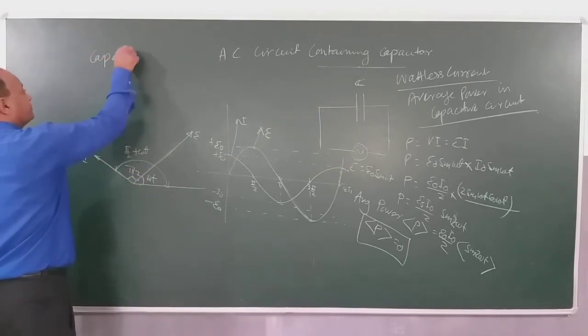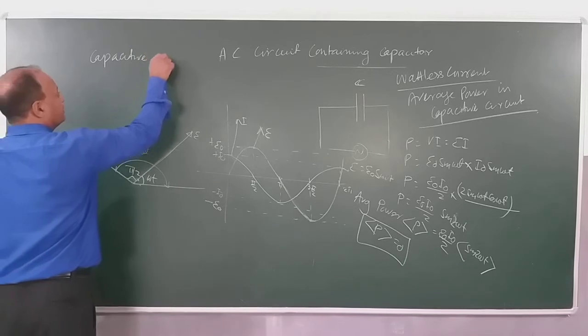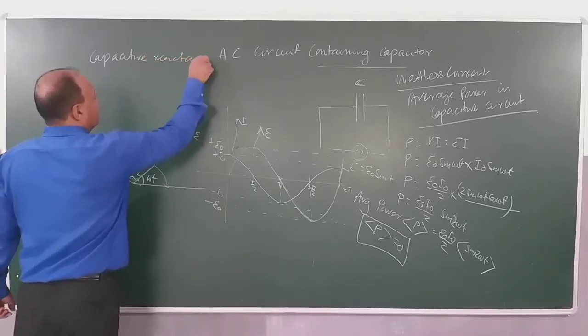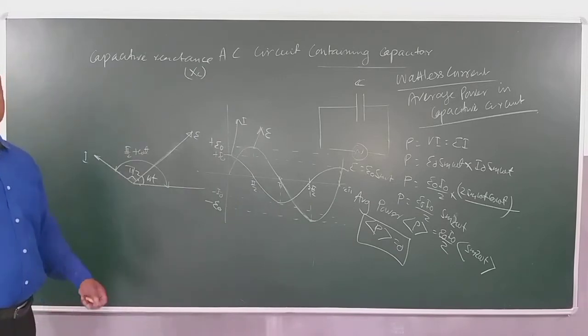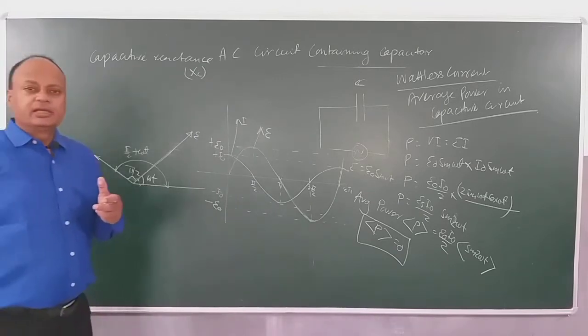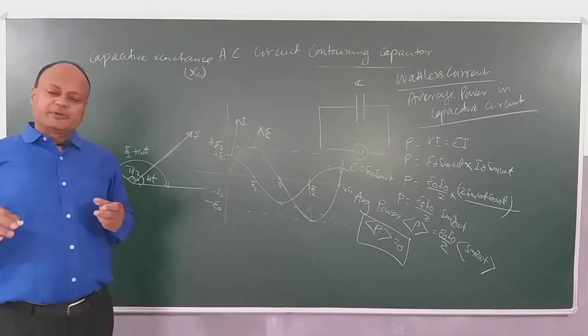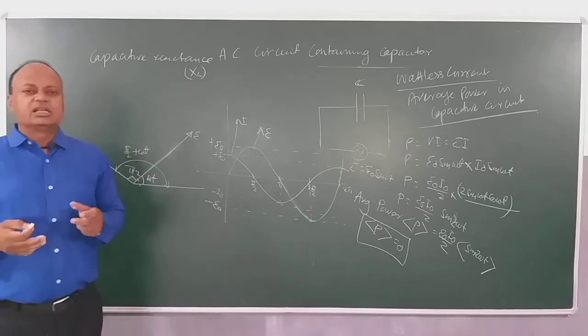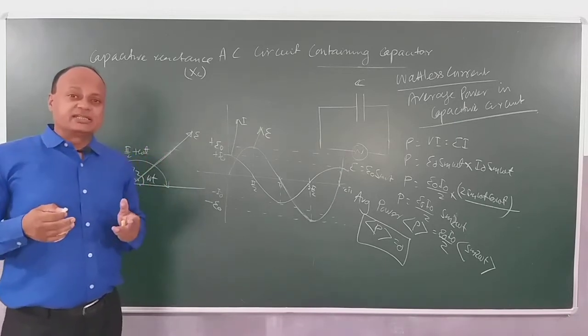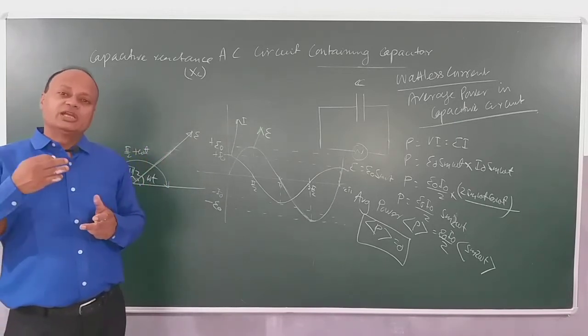Capacitive reactance is denoted by what? Xc. And capacitive reactance is actually the resistance offered by the purely capacitive circuit. Let me tell you that from here onwards, once you start AC, you come across this new term called reactance. We saw reactance in case of inductor.